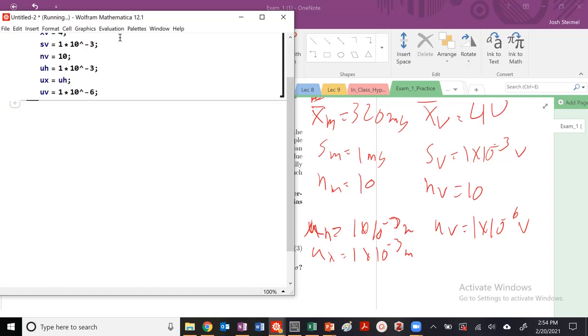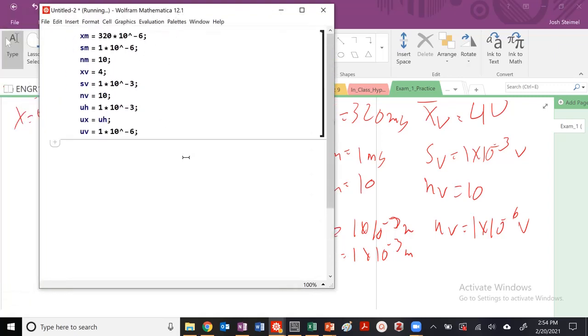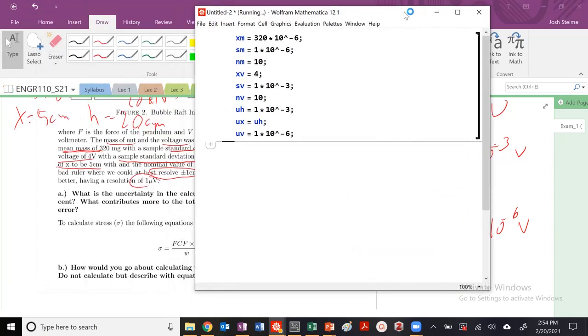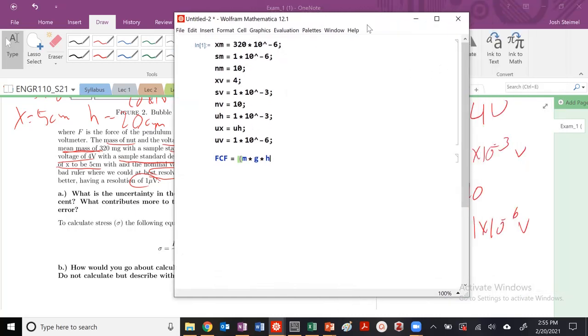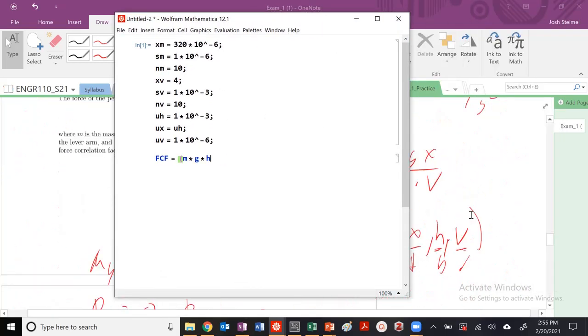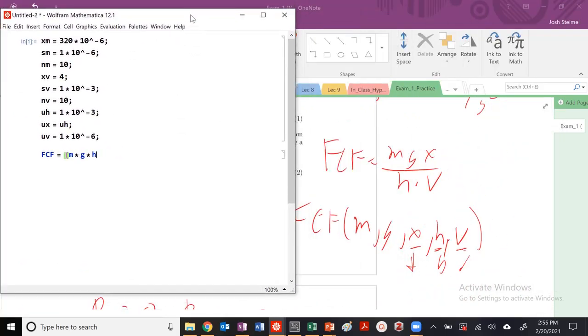So those are some of the values that I can now work with. I'm also going to derive my FCF, which is m times g times x divided by h times v.